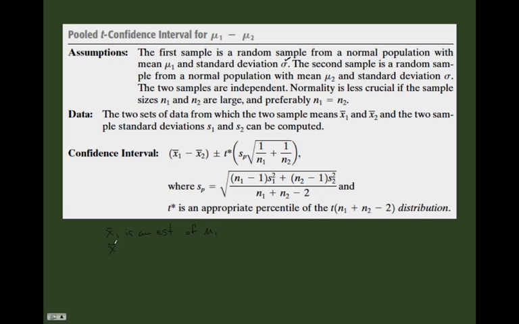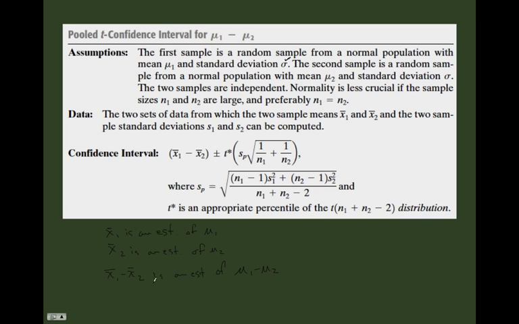X bar sub 2 is an estimate of mu2. So x bar sub 1 minus x bar sub 2 is an estimate of the difference in the population means, or mu1 minus mu2.